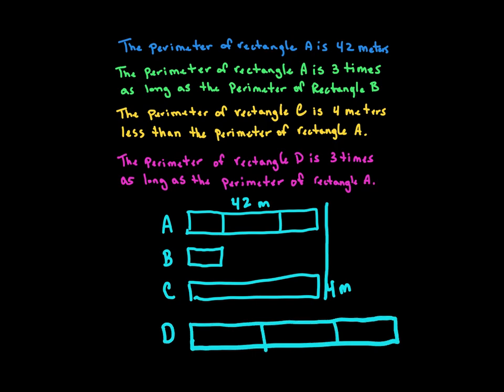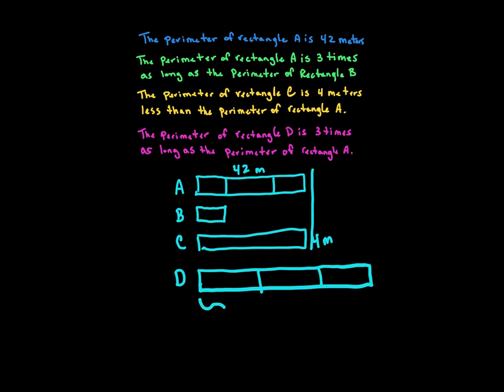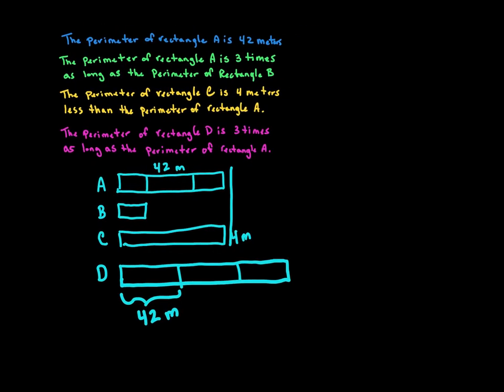And each one of those is worth 42 meters because remember, it's 3 times as long as the perimeter of rectangle A. So now we actually have to solve for this and figure out what each one is worth. Okay, so everything is being compared to rectangle A. And so we're going to make sure that we're using that 42 meters in there.